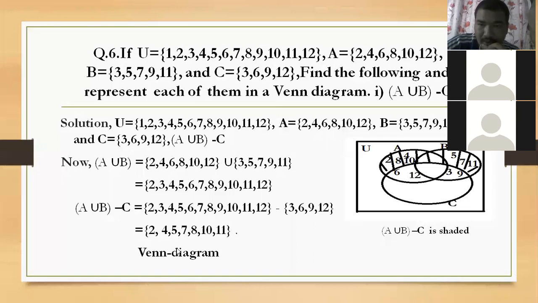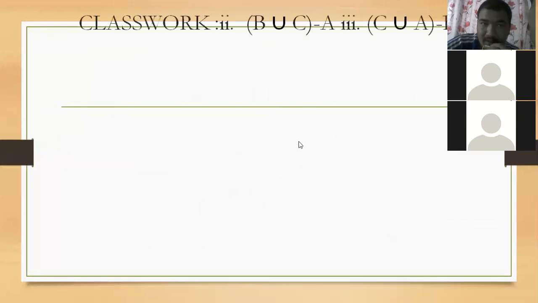Yes, sir. Okay. Now I am showing you the next one. Look here. This is the class one I am explaining, and I am giving some hints also, so that you will easily solve such questions. Here B union C should be done first.